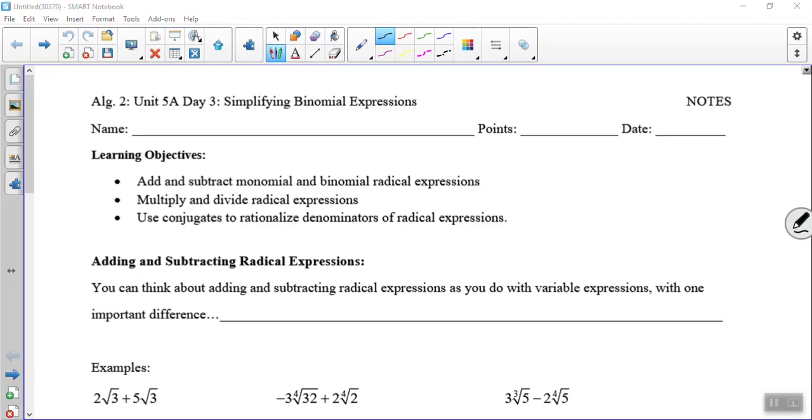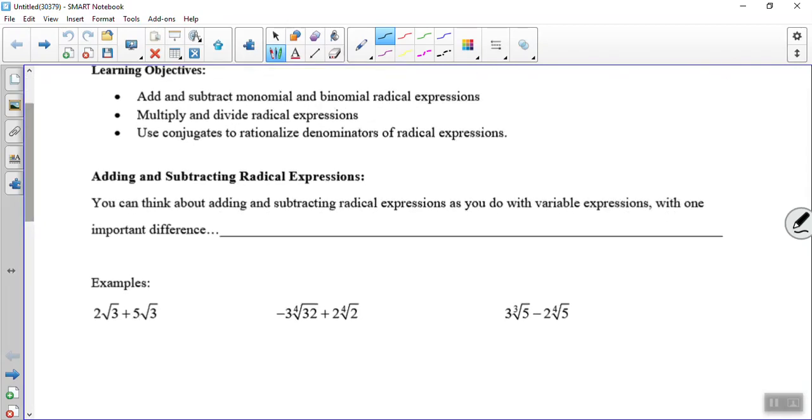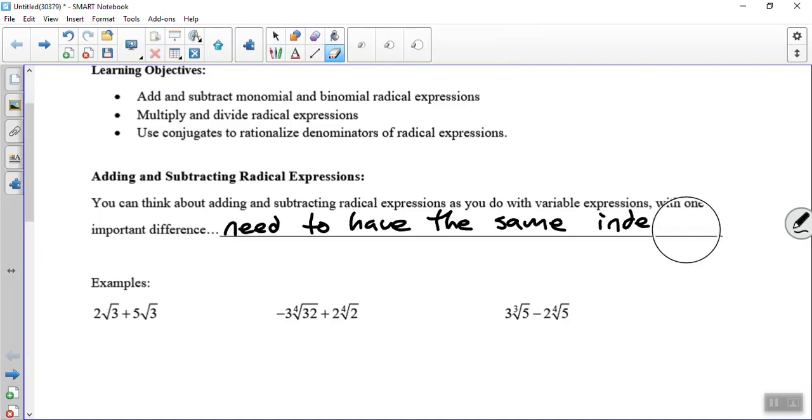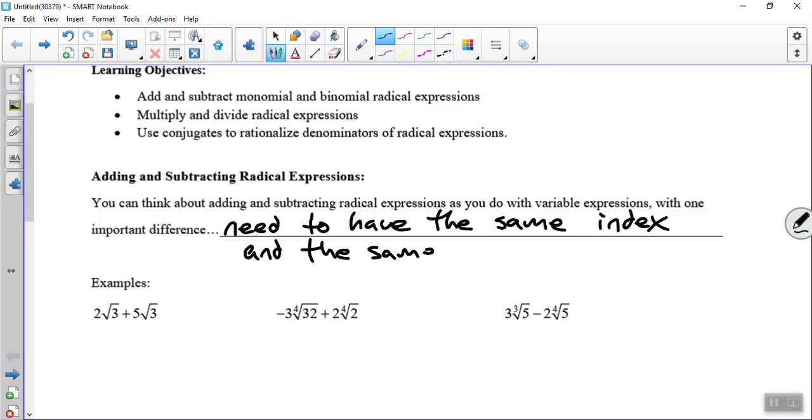All right. Now, when we multiplied radical expressions, they had to have the same index. When you add or subtract, they need to have the same index and the same base.